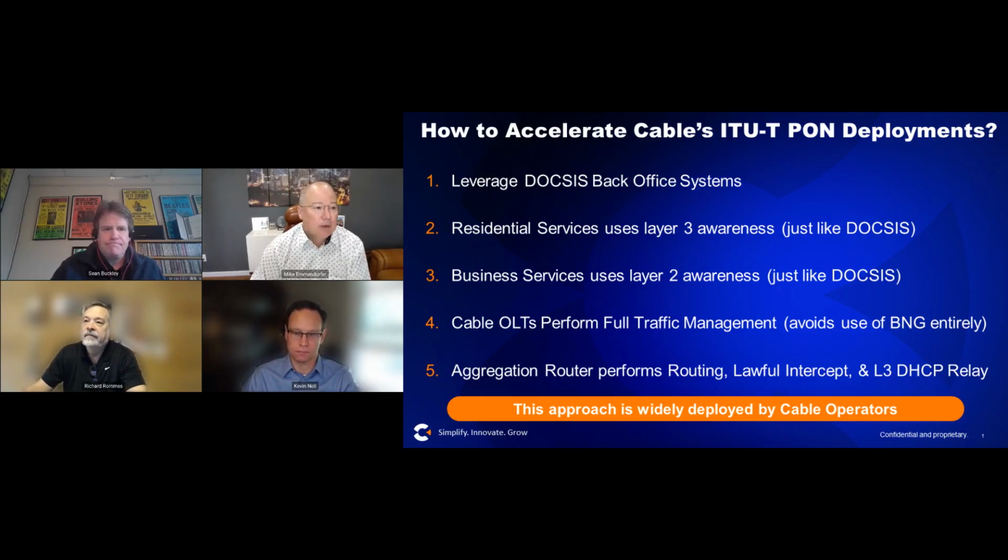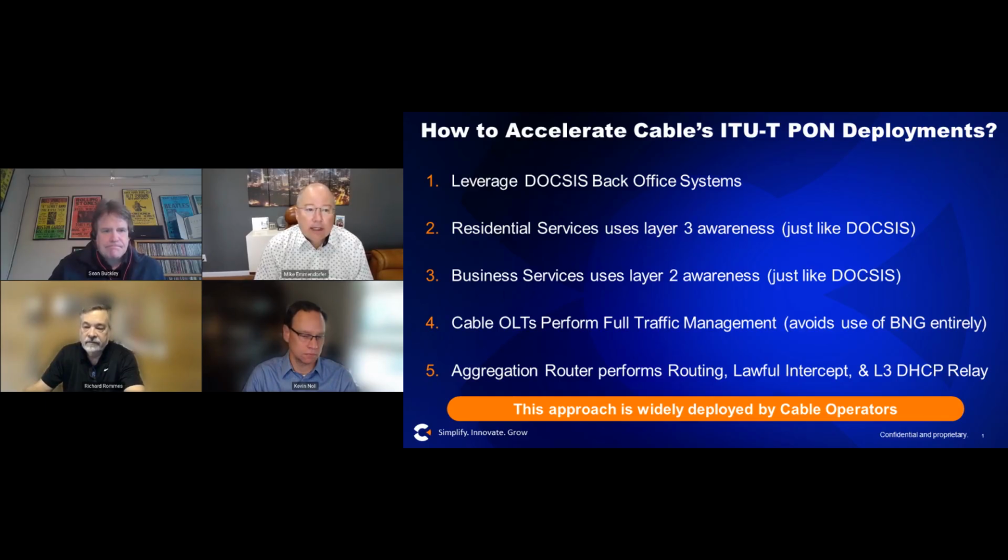What we have going on in the industry is Cable Labs has formed a couple of working groups to look at the acceleration of deploying ITUT-based PON technology.